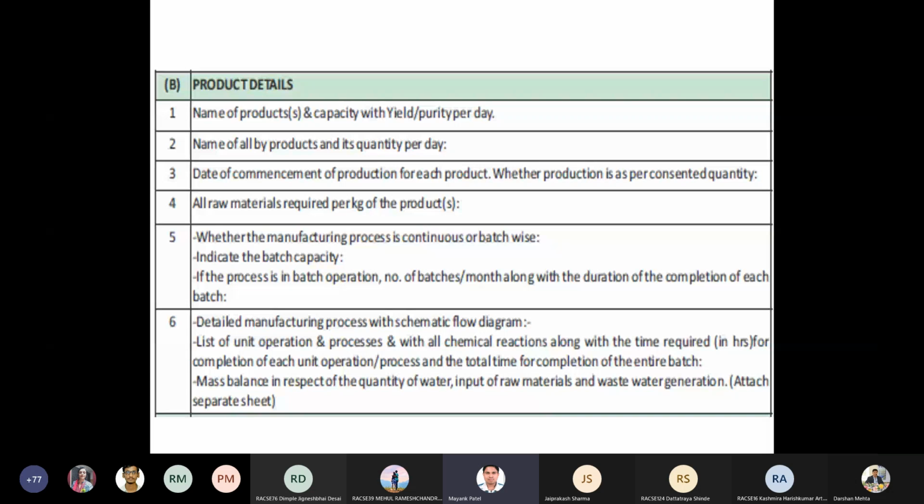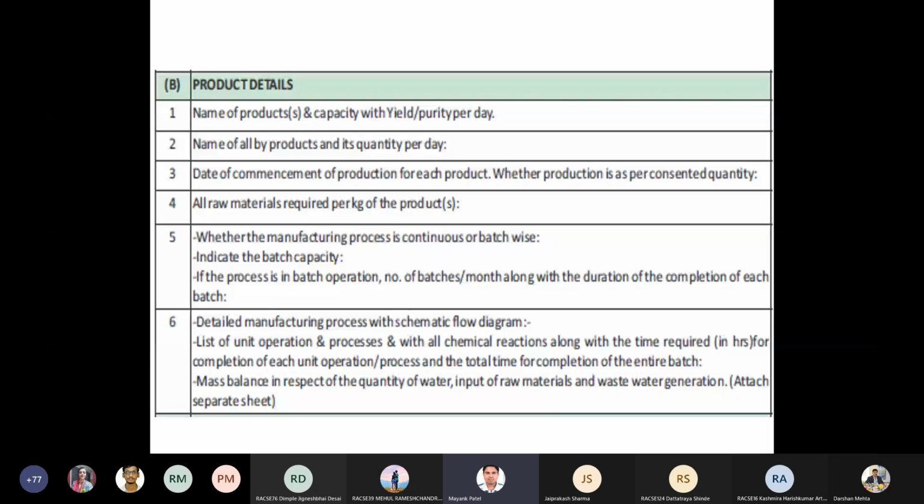Being an auditor, you also need to mention all raw materials required per kg of product, along with the process flow diagram and description of each product, number of batches, and how much time is required for the completion of each batch, if the process is a batch process. If the process is continuous, then the details thereof, then the list of unit operations and processes with all chemical reactions along with the time required.